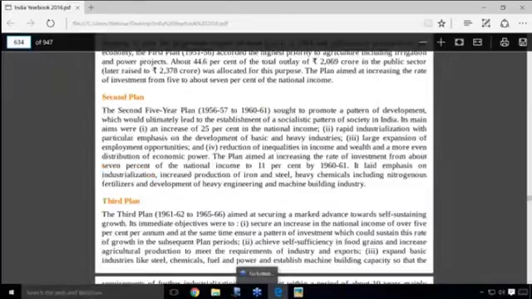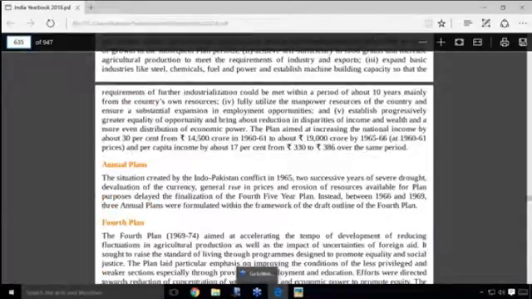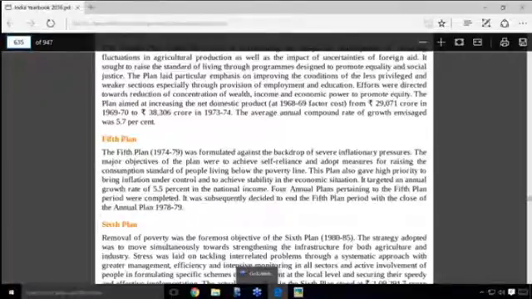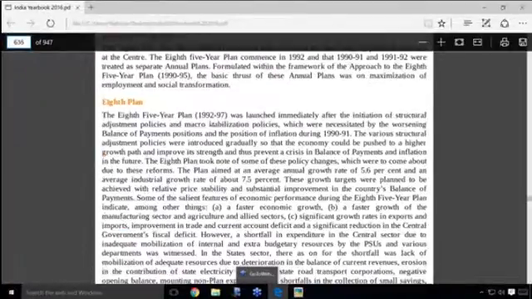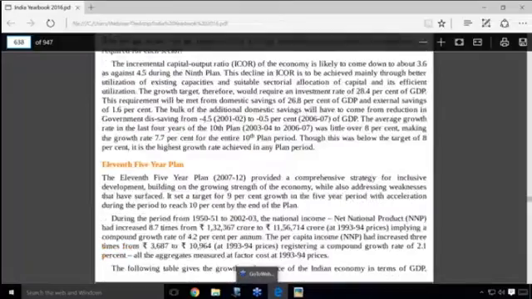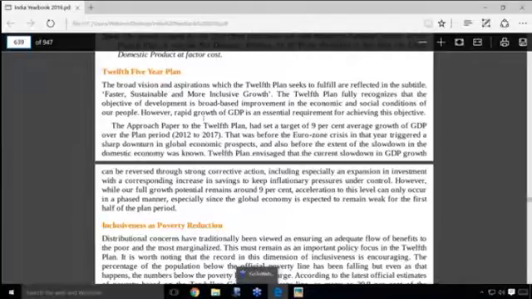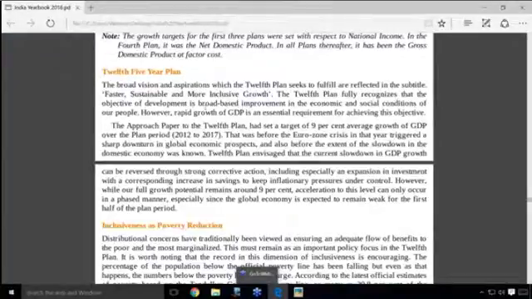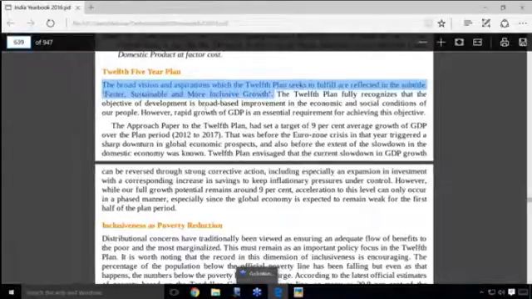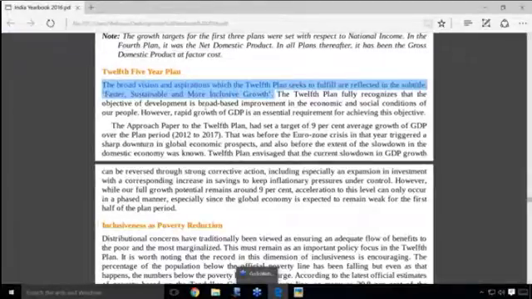And after this, see page number 709, where we are talking about the 12th plan. 12th plan question will not come, don't worry, but I just wanted to show you one question. 12th 5-year plan, the broad vision and aspirations which the 12th plan seeks to fulfill are reflected in the subtitle, Faster, Sustainable and More Inclusive Growth.